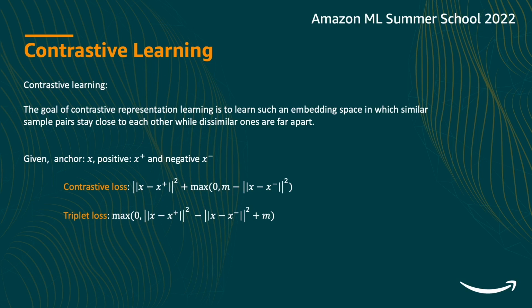And contrastive learning also uses the data very efficiently, because if we have n samples in our training set, we can create order of n squared positive and negative pairs from the n samples. And one more thing to note here is that it is important to mine hard negatives.